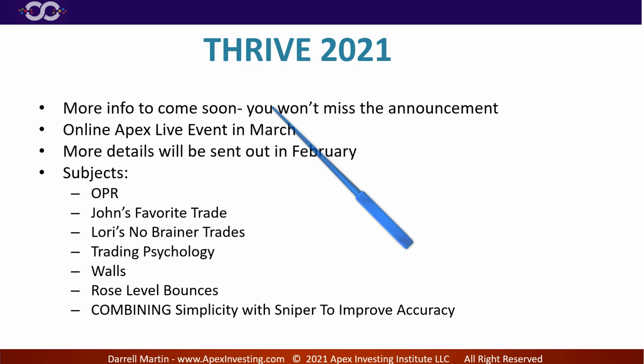If he had to only choose one trade, this is the trade he would do. We don't teach it anywhere else, so he's going to be teaching that during Thrive. Lori's going to be teaching our no-brainer trades. I'm going to go some more into trading psychology. Who could use some extra training on trading psychology?